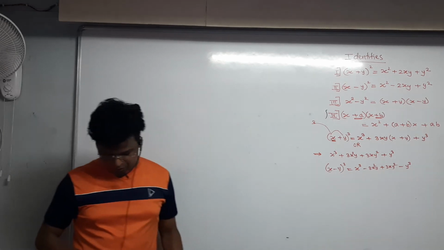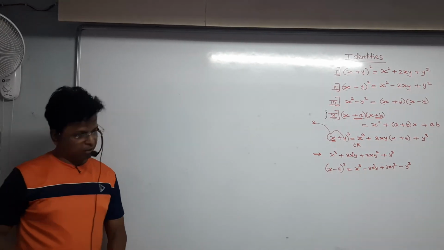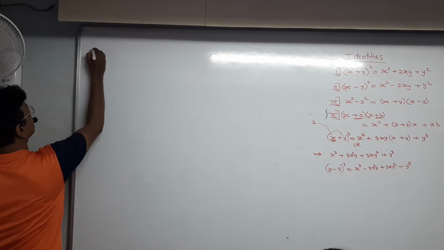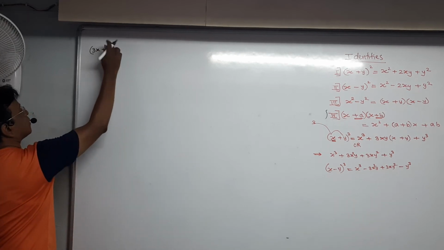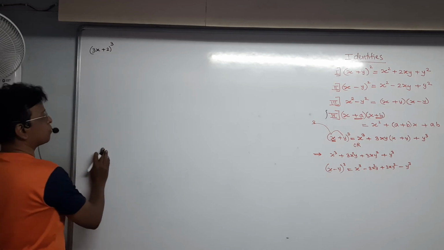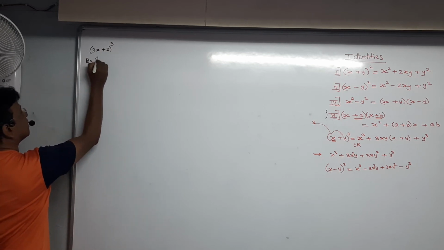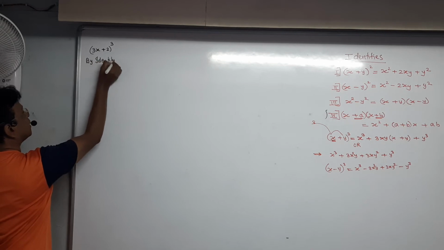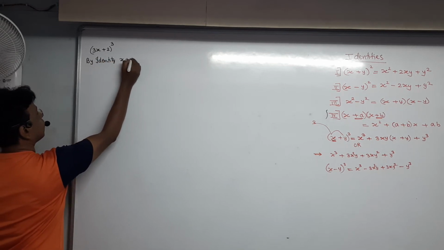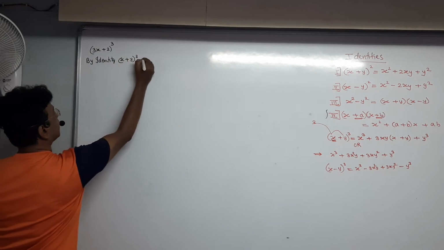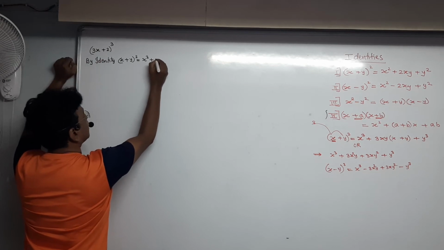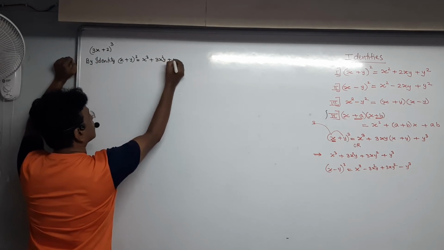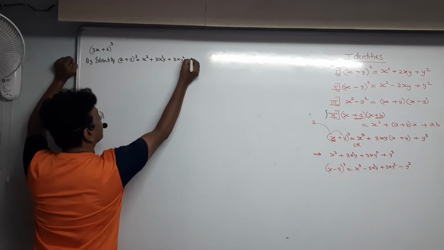Now how are you going to apply this? See here, if we have 3x plus 2 the whole cube, by the identity of x plus y the whole cube, we will get x cube, the cube of the first term, plus 3x square y plus 3xy square plus y cube.